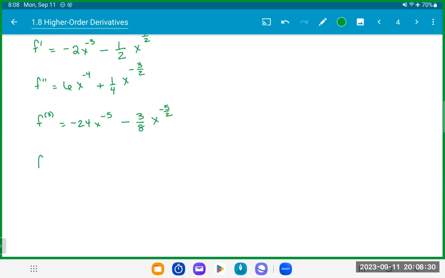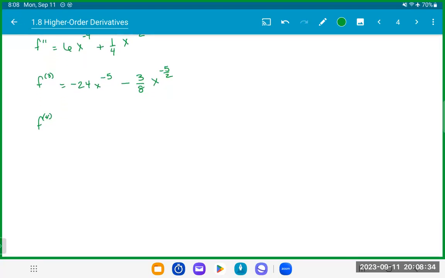And then lastly, it wanted the fourth derivative. So we'll do it one more time. Take the derivative. The fourth derivative is really just the derivative of the third derivative. So -5 times -24 gives me a positive 120, x to the -6.